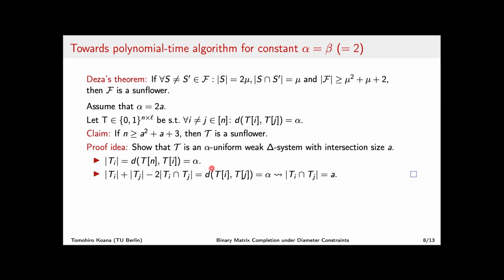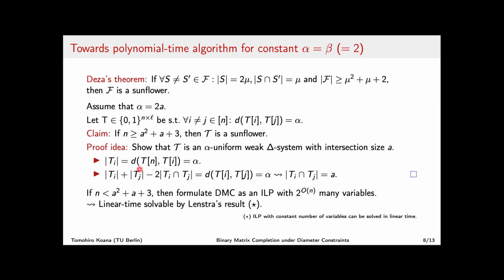So now let us develop the algorithm. First, suppose that n is small. In particular, we assume that n is less than a squared plus a plus 3. Then we can actually formulate diameter matrix completion as an ILP, basically with constant many variables.